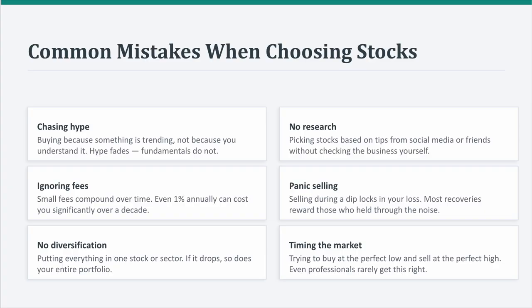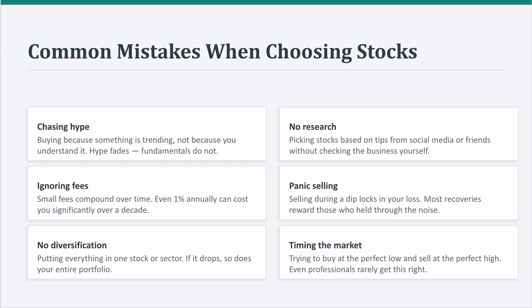Trying to time the market, if you're inexperienced, is very risky and often doesn't end well. This relates to panic selling, where if you suddenly have a dip, you might think, oh no, my stock is down a lot, I have to sell right now, I can't take any more losses. This often doesn't end well, because if the stock happens to go up all of a sudden, you just missed out on a lot of potential returns.